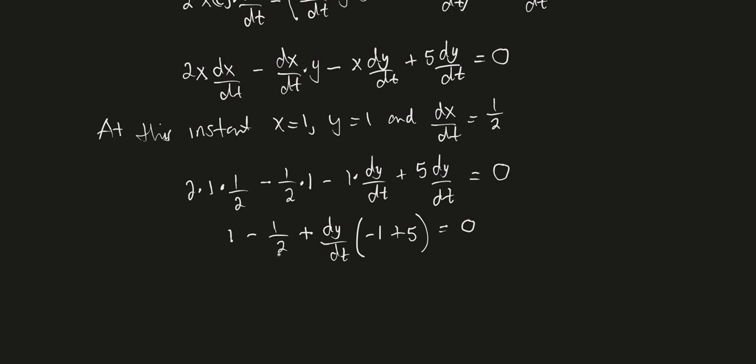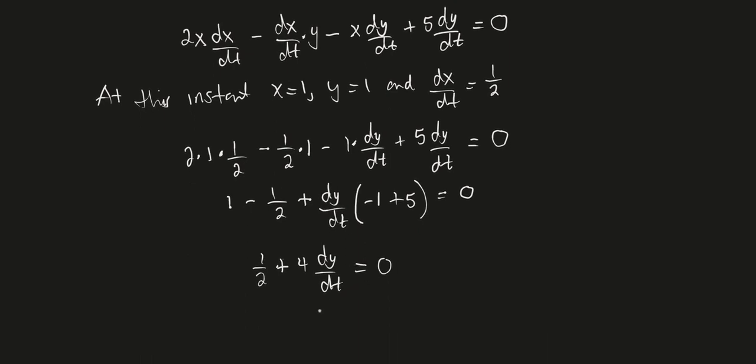So 1 minus 1/2, that's 1/2. And then I have plus 4 dy dt, and then that's equal to 0. So if I want to solve this for dy dt, subtract 1/2 from both sides. So 4 dy dt is equal to negative 1/2.